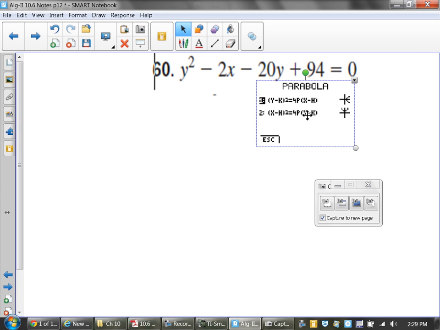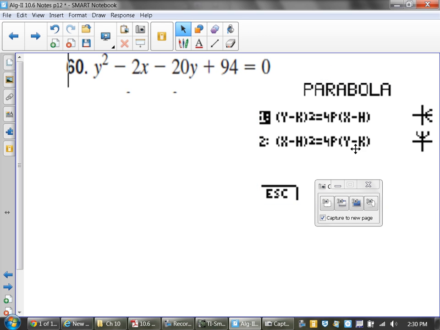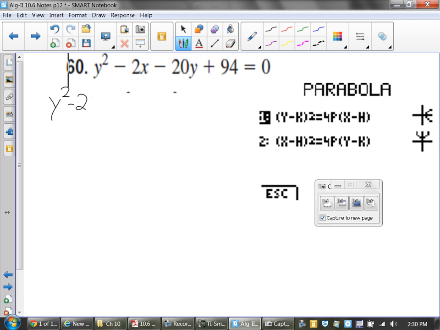When you look at the generic form, it only has an x squared or a y squared, it doesn't have them combined. So when I go through this one, I'm going to move the x over. Just add the donuts right here. So I move those two over. Now you take half of negative 20. You get negative 10. You square it, you add 100.